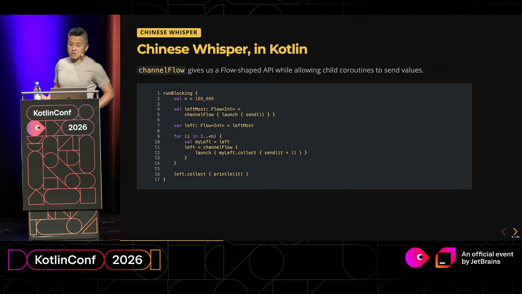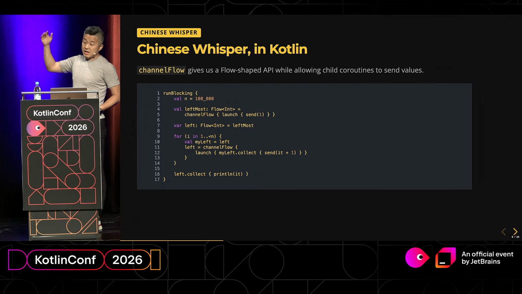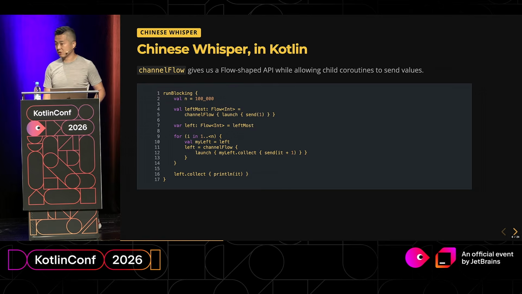That means we actually started 100K channels as well, and we pass the value through those 100K channels, one by one, all the way to the last one, and then we print it out, and after the program finishes, it has to clean up all these things. So that also counts into the 124 milliseconds, and all that can be done in 124 milliseconds.